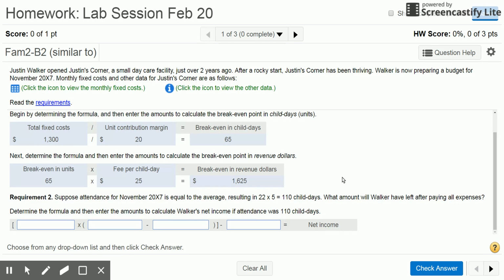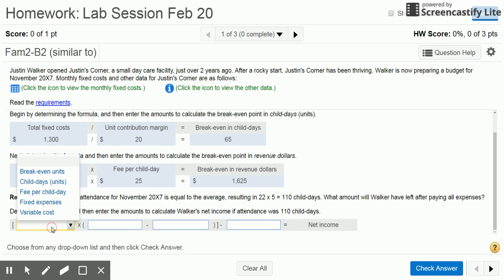The second requirement asks us, suppose the attendance for November 2007 is equal to the average, resulting in 22 people and 110 child days. What amount will Walker have left after paying all expenses? We know at 65 everything is equal, so our cost is equal to profit. But what if in one month we have the average of the attendance, which lead to 110 child days? So we want to calculate the net income.